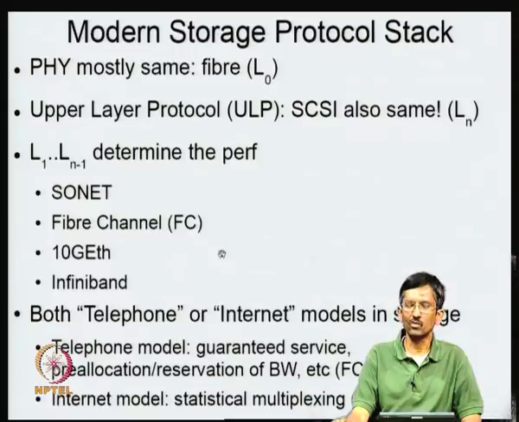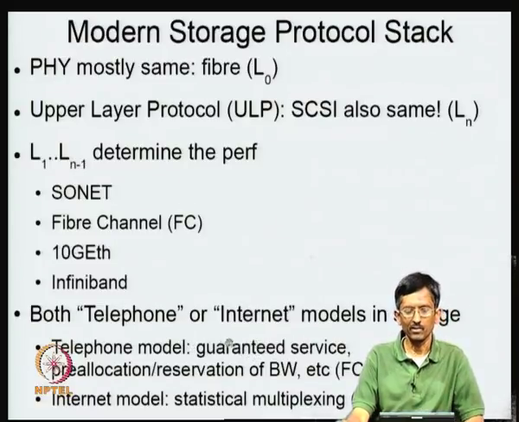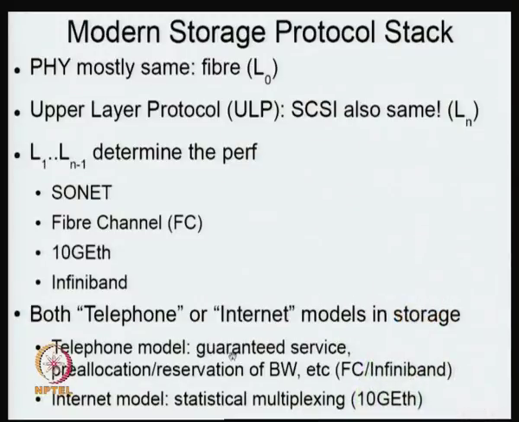So what's interesting to also notice is that broadly there are two types of interconnect models. One you might call the telephone model, the other one you can call the internet model. In the telephone model, typically you come up with what are called virtual circuits, and they typically give you guaranteed service.